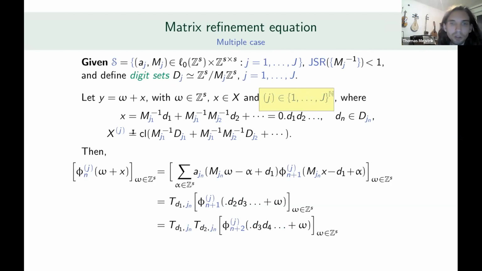And then the only larger difference is the definition of our attractor X, the set of all fractional numbers, which instead of matrix powers now consists of matrix products. By doing the same calculation as before, we obtain that phi can be written as an infinite product of bi-infinite matrices, and those matrices now depend on the digit and on the sequence we've chosen.